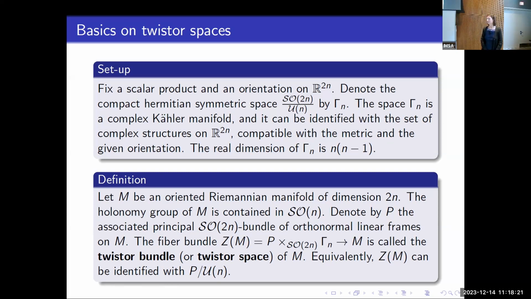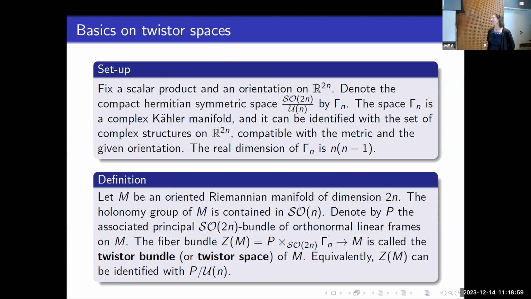Then the Twistor space or the Twistor bundle is just a fibration over M, whose fibers are this Γ_n. By fibration, I mean a proper holomorphic map, which is surjective with connected fibers.